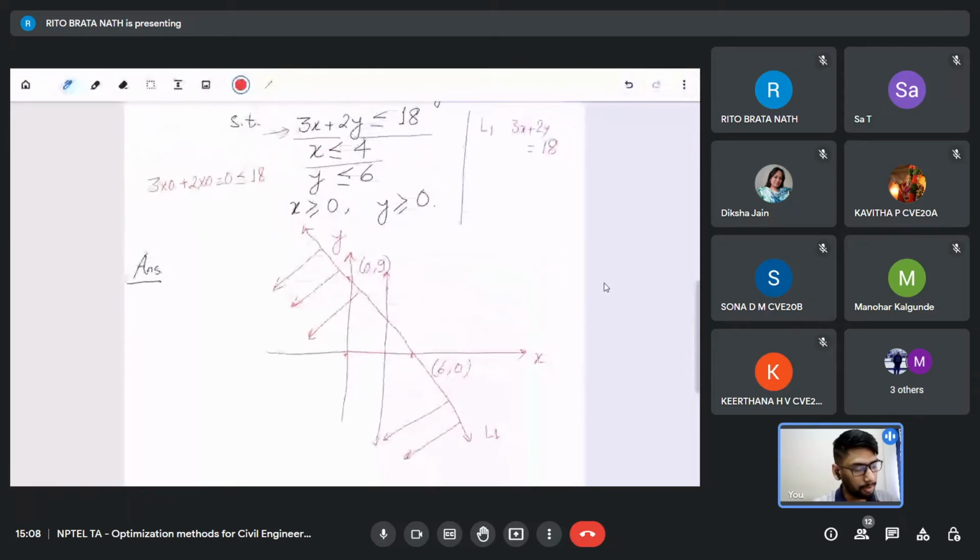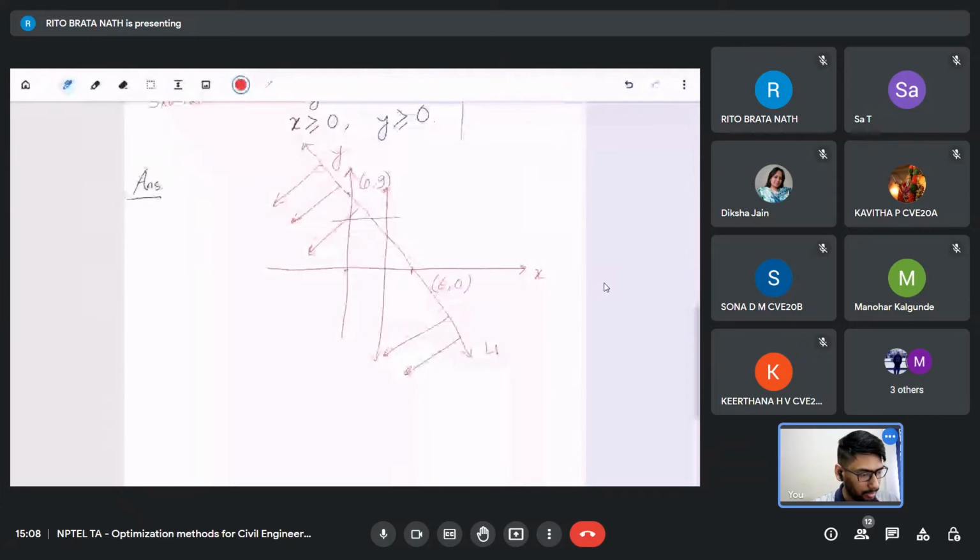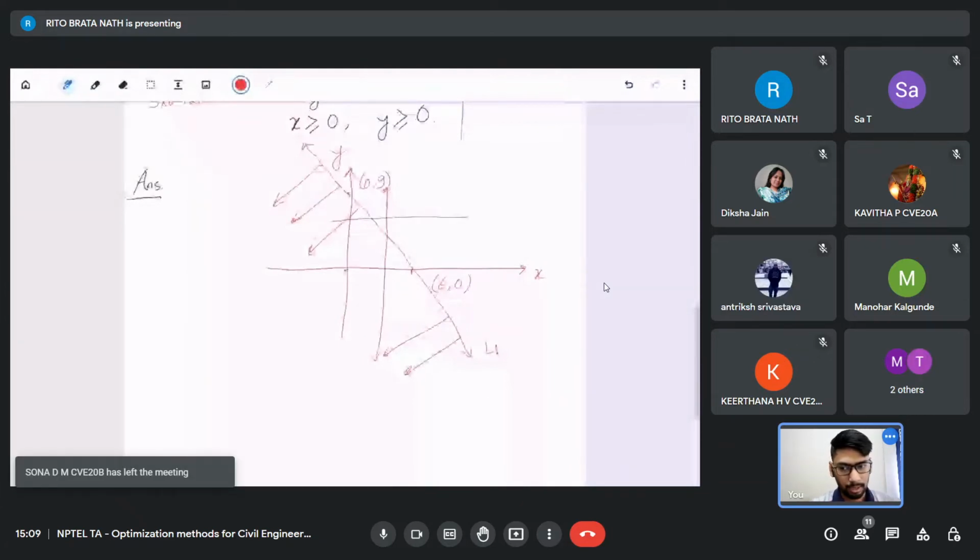So also for y less than equals to 6, you will have a straight line parallel to the x-axis. So probably it will be somewhere here. And then everything will be in this direction, this will be in this direction. Then you have x greater than equals to 0 and y greater than equals to 0, something like this.